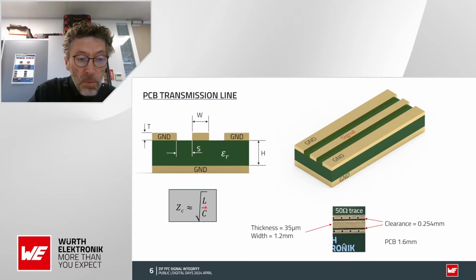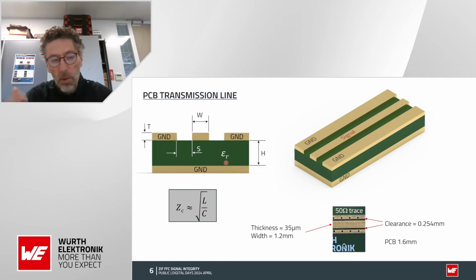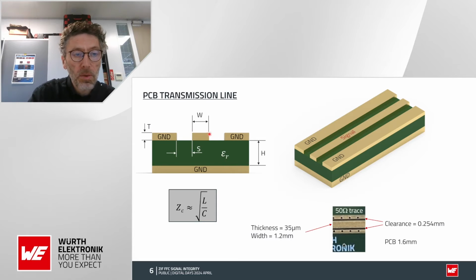Because, for example, here, the capacitance is linked to the distance between the trace and the ground, is linked to the distance between the trace and this bottom ground layer, is linked to the permittivity of, let's say, the FR4 or the PCB material you use, the width. For example, if you increase the width, this parameter, then that will increase the capacitance.